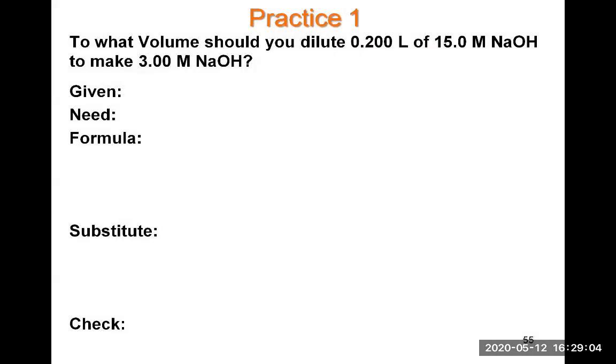So let's do a practice problem now. To what volume should you dilute 0.200 liters of 15.0 molar NaOH to make 3.00 molar NaOH? So again, there is the key word here that says dilute.